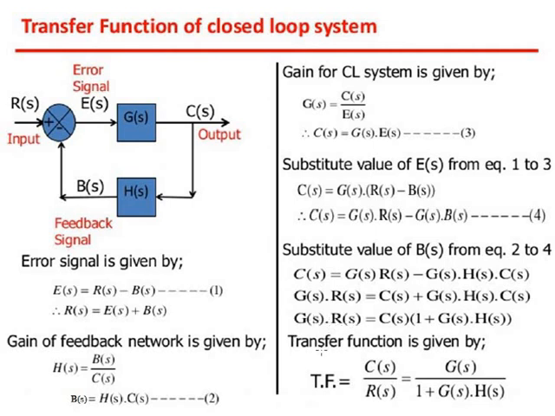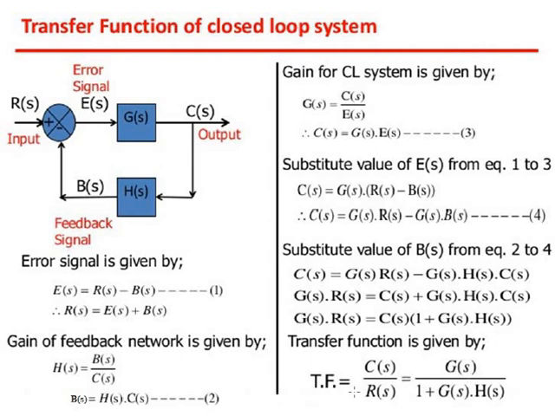So now we can write our transfer function TF as output divided by input, C(s) divided by R(s). So we take R(s) in the denominator along with this whole term, for this G(s) term.